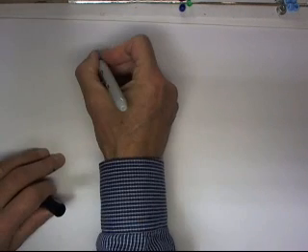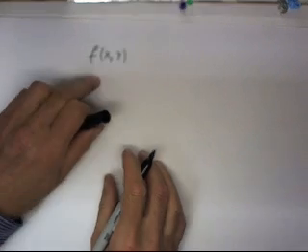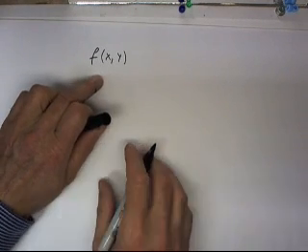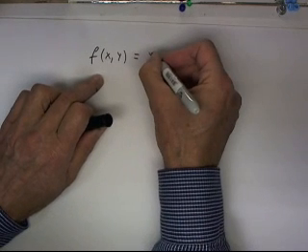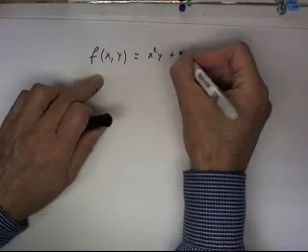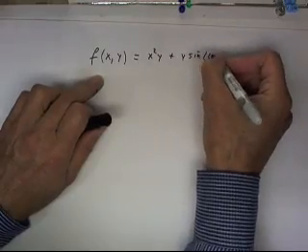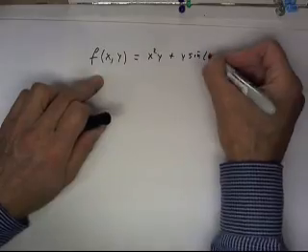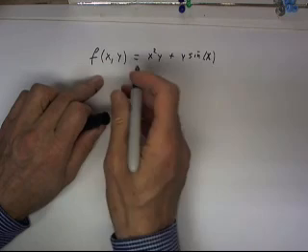We start with the idea of a function f of x, y, a function of two variables x and y. For example, let's suppose that f of x, y equals x squared y plus y sine of x.